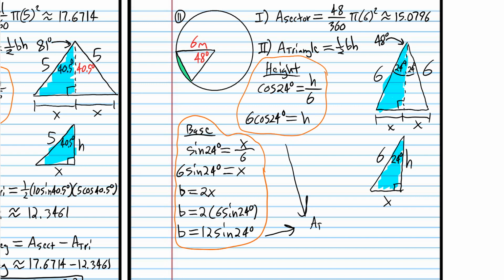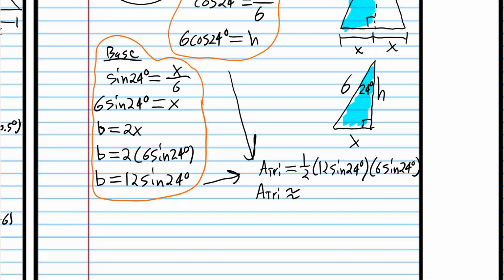So the area of the triangle is equal to 1/2 times the base times the height. Now we get out the calculator, and 1/2 is 0.5, so just put 0.5 times 12 times 24, then the sine button, equals, then times 6 equals, then times 24, then, oh whoops, that should be a cosine button, then the cosine button, and then equals.